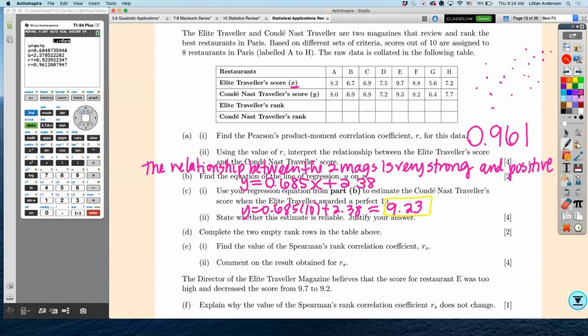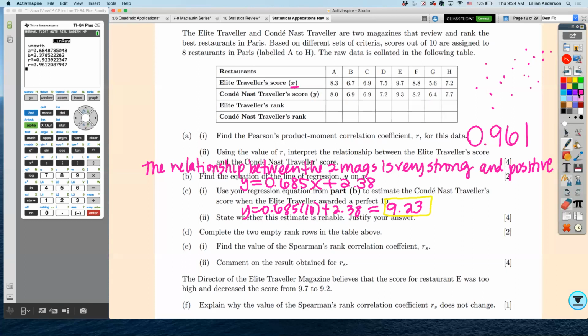Yes, because it's very close to 10, and because we had a very strong positive relationship. Because 9.23 and 10 are close numbers, maybe that's why it's reliable.